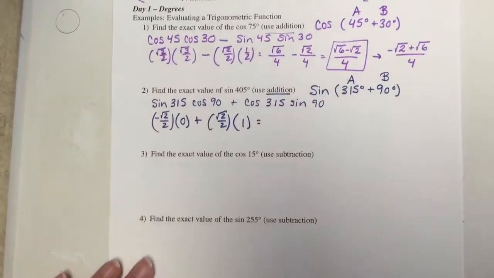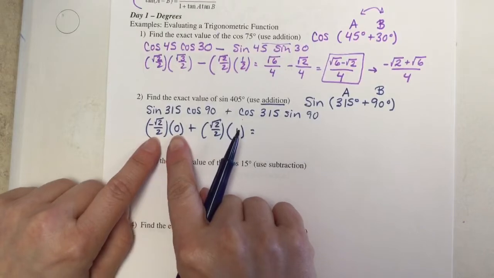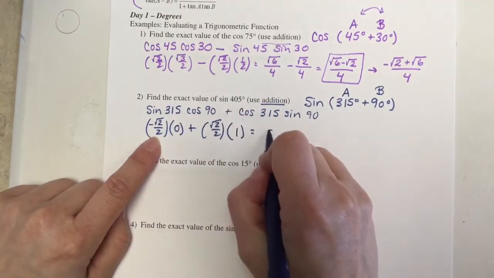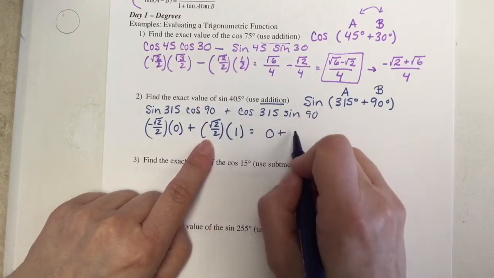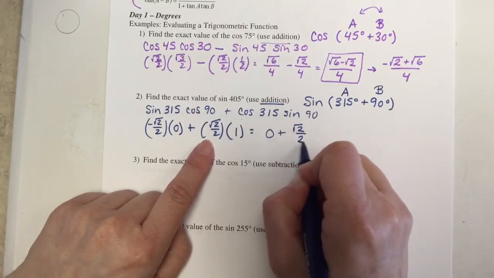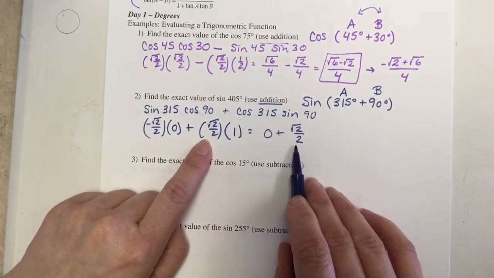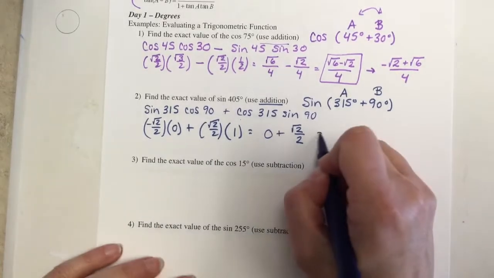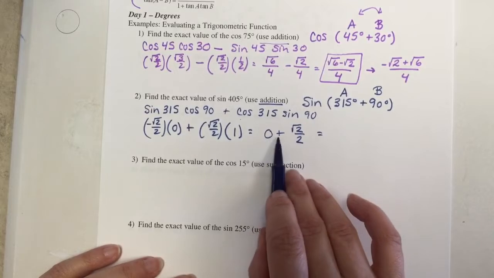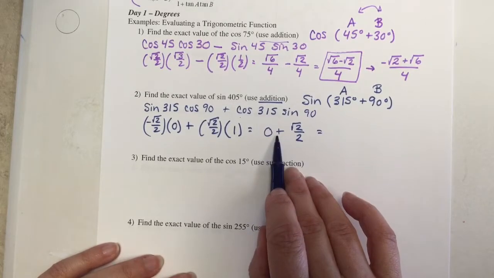Okay, so this is what I have to calculate at this point. Negative square root of 2 over 2 times 0 is 0. Plus, square root of 2 over 2 times 1. When you multiply anything by a 1, it gets to keep its identity. That's that multiplicative identity property from way back in Algebra 1. If you add a 0 to something, it does not change.